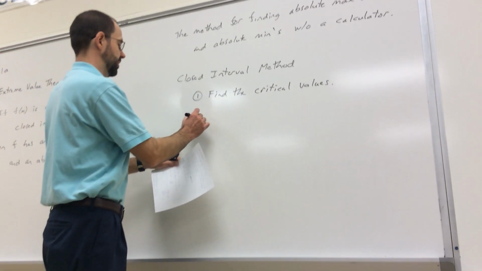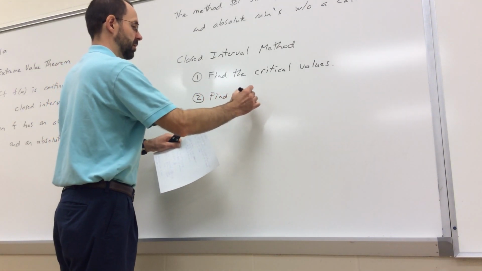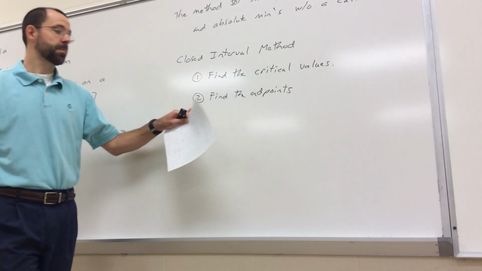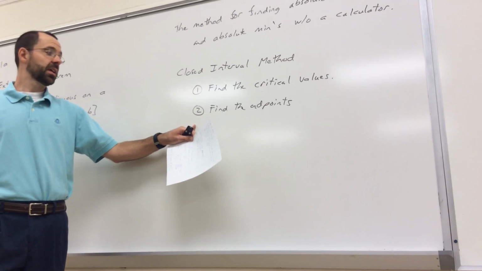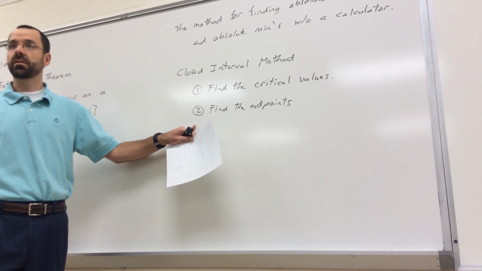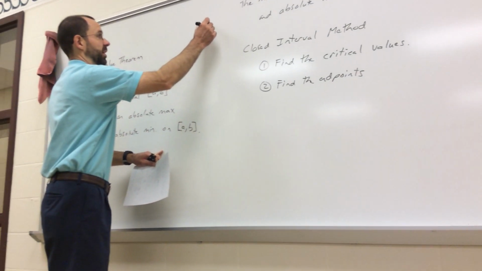Okay, then the second step is to find the endpoints. Because it also might be the case that the absolute min or max is at the endpoint. Classic example would be just a straight line.